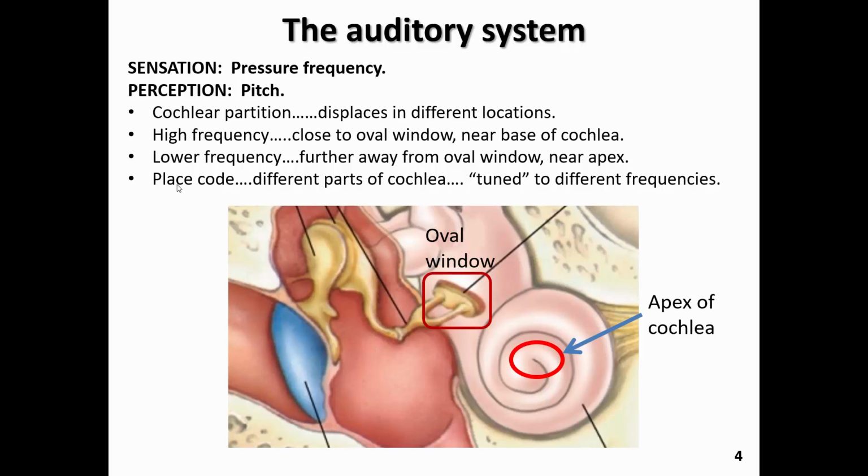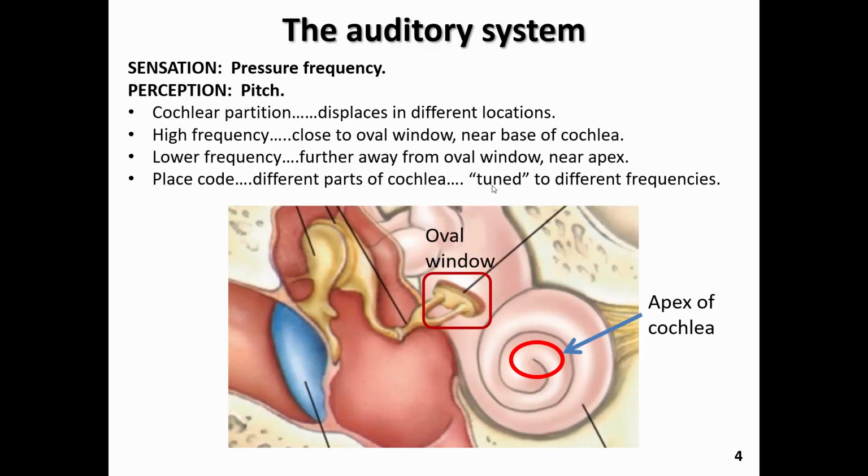That's referred to as place code. The coding is the transduction of a mechanical disturbance into a bioelectrical event. That's what we mean by code, and place refers to the location inside the cochlea. The different parts of the cochlea are, quote unquote, tuned to these different frequencies.